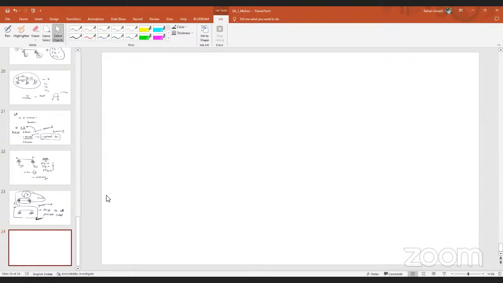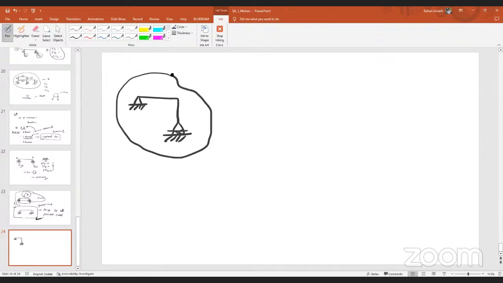Just the same thing, if I'm talking about the structure like this, if the entire structure is stable, then each and every component should be stable. That means AB is one of the components, it should be stable. And BC is also one of the components, it should be stable.